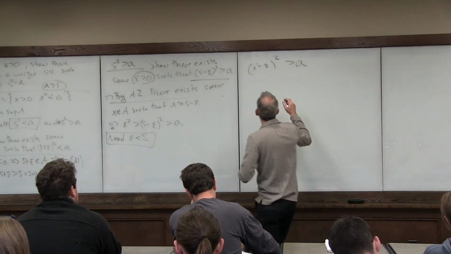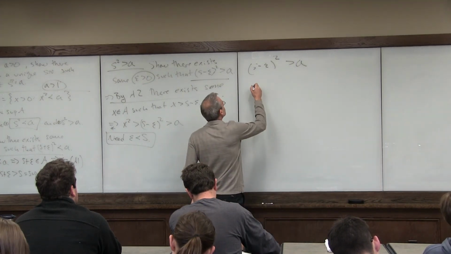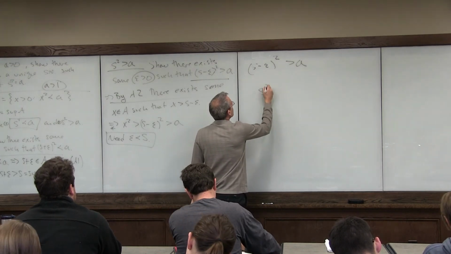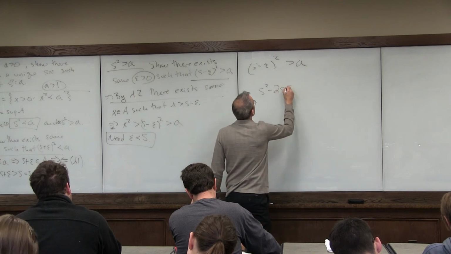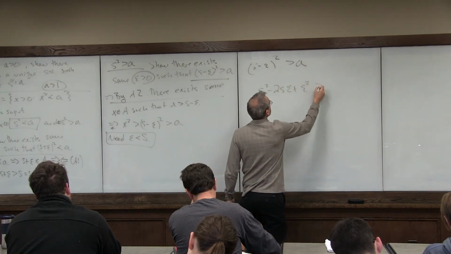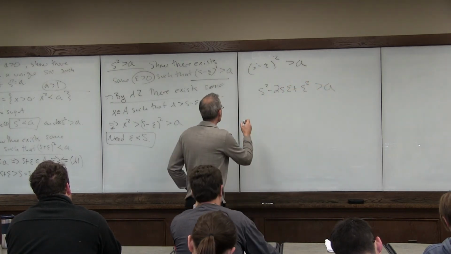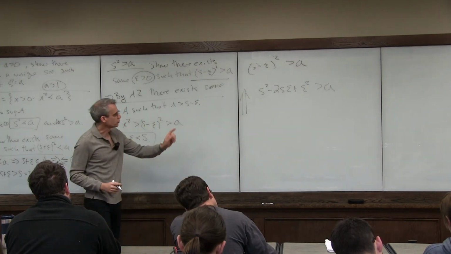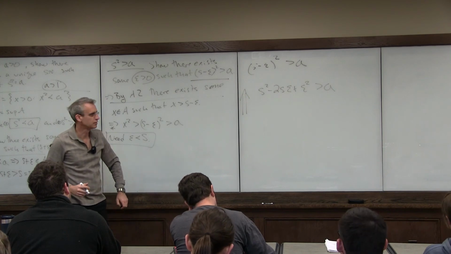Okay? You always have some wiggle, well, not always, but usually you have a little wiggle room, right? So, and I'm not going to put any arrows yet, right? s squared minus 2s epsilon plus epsilon squared bigger than a. Okay, now I'm going to put an arrow, right? Remember, our logic is going this way. We're trying to get what's at the top.